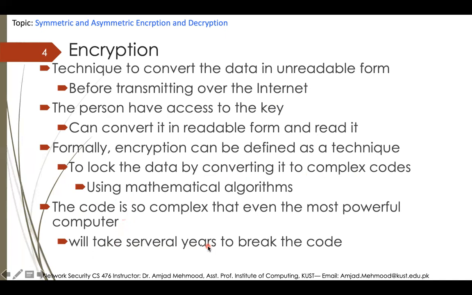I hope you understand this, for example, if someone applies a brute force attack on your system, even if he applies all the available options of the key, he cannot break it, or it requires several years to break that code.